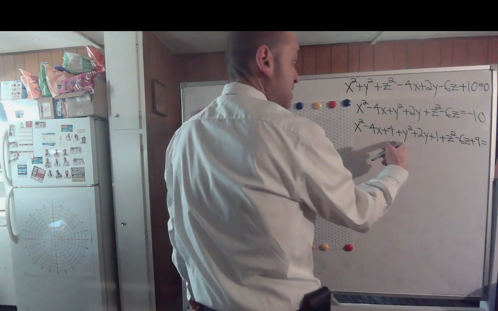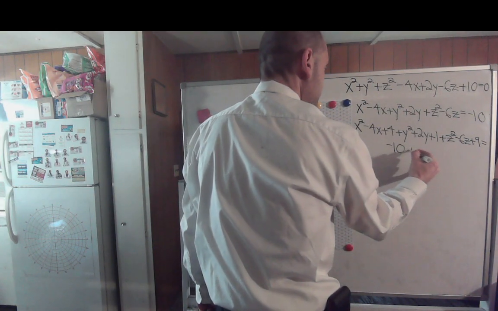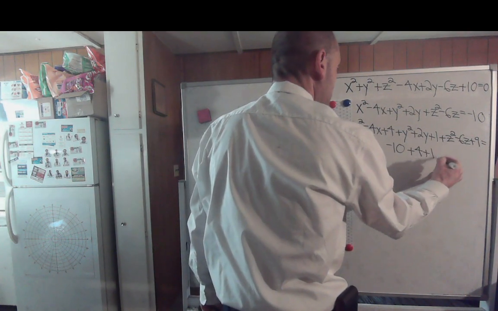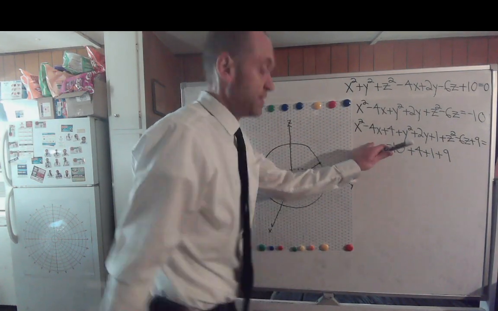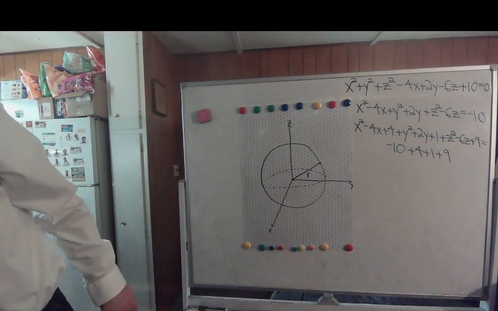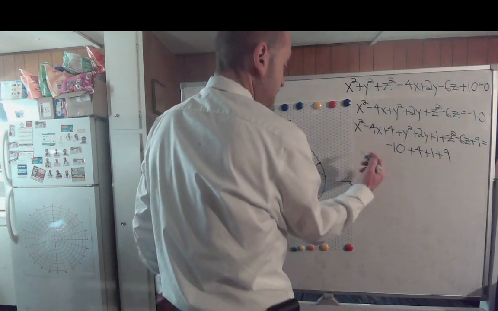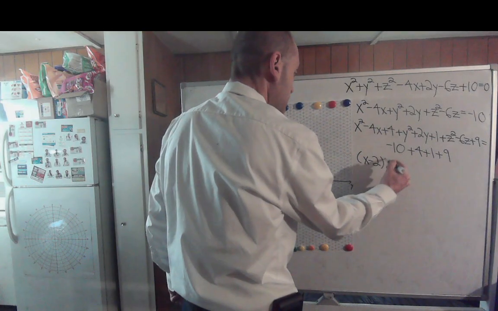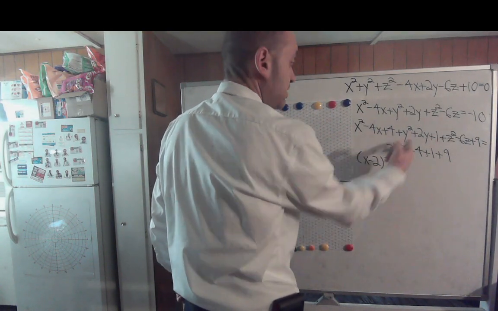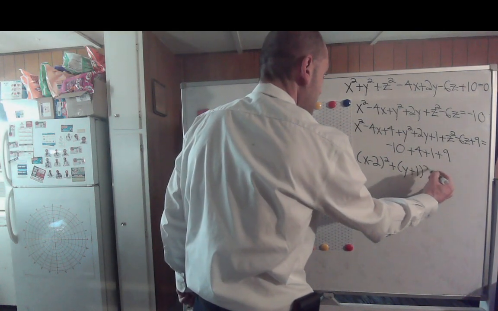Add all those numbers you got from completing the square to the right-hand side, so you would get negative 10 plus 4 plus 1 plus 9. And now we can simplify this. So the x part will become x minus 2 quantity squared, plus dealing with the y, you'll have y plus 1 quantity squared.